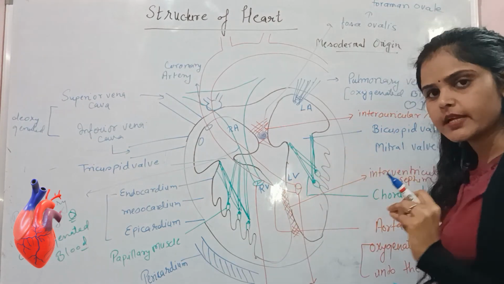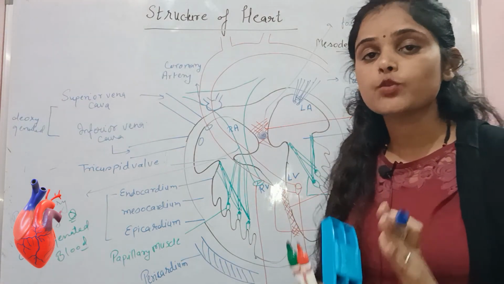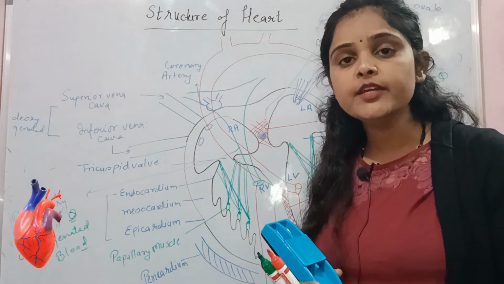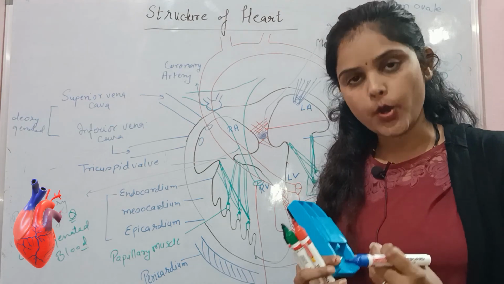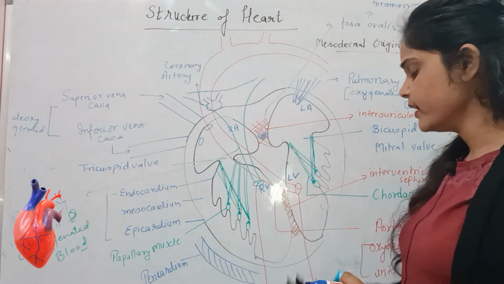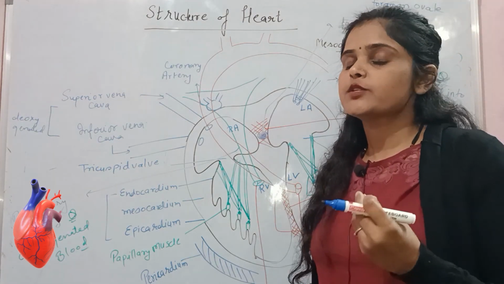And one important thing is that the ventricular muscle is always and always thick in comparison to the atrium. Why? Because the ventricle has to pump the blood to the whole body, especially the left ventricle. Left ventricle muscles are so thick.